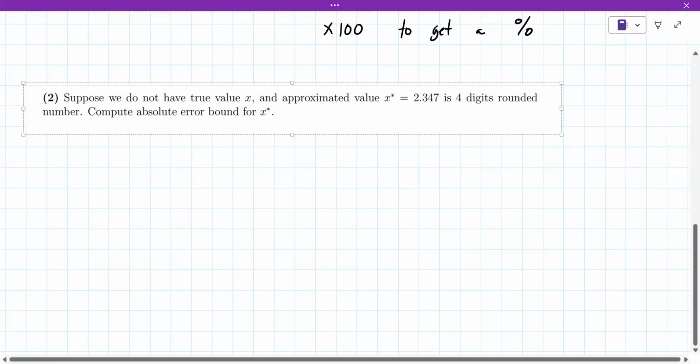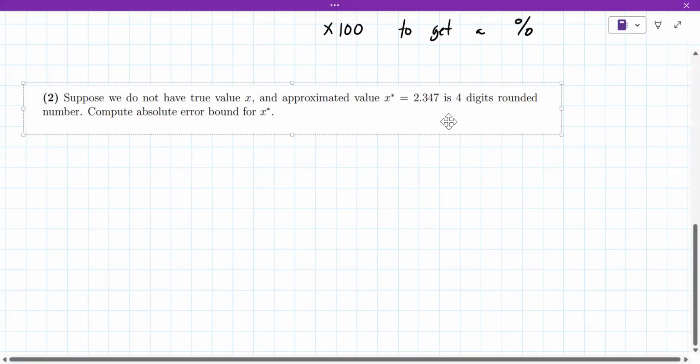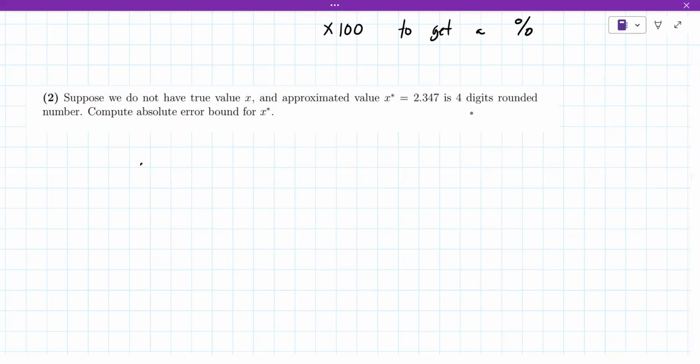Okay, so again, if we round this now to 3 digits, it's gonna be 2.35.